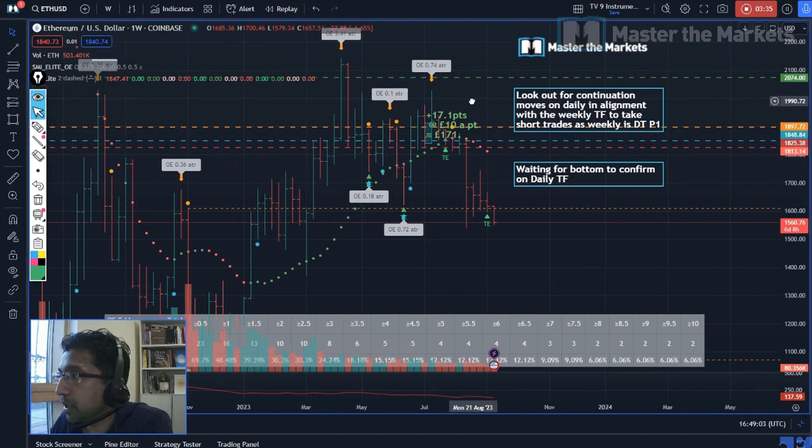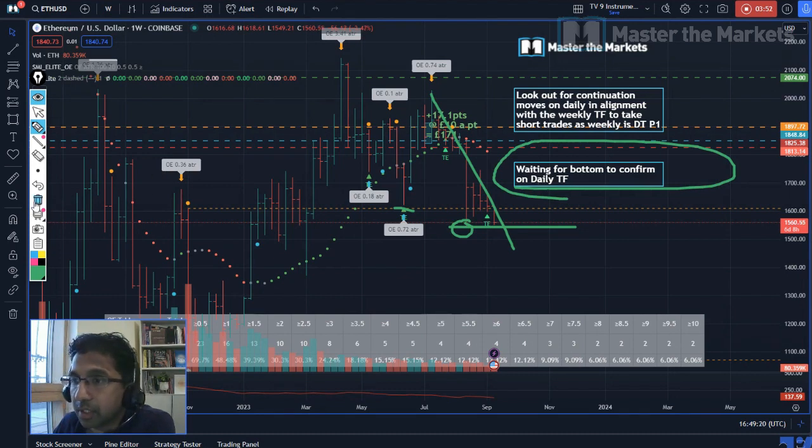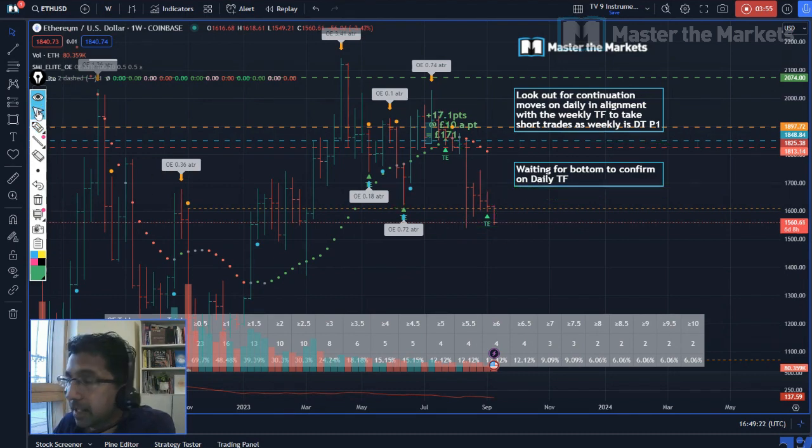Now, Ethereum over here, we can see that at the moment, this has taken out that level as I've mentioned before. So it's a downtrend phase 1. So we are looking for a continuation move for it to go further down, taking out this low. But we need the bottom to confirm on the daily time frame and then the top.